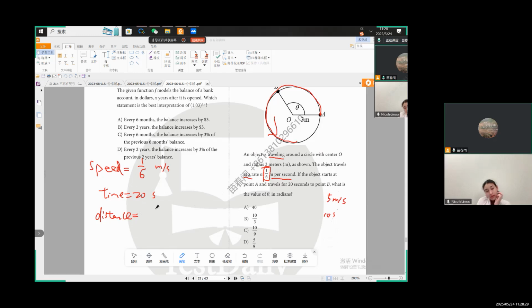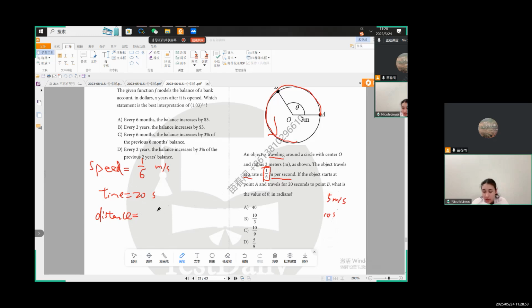It's speed times time, right? And speed equals distance over time. Okay. You're memorizing too hard. The memory is too strong, and also, get over your logic.